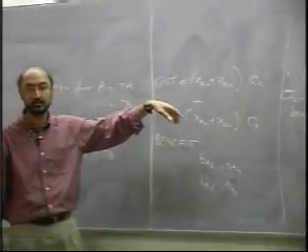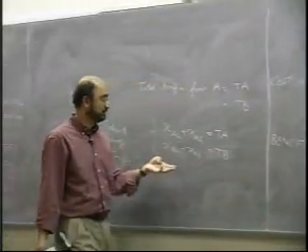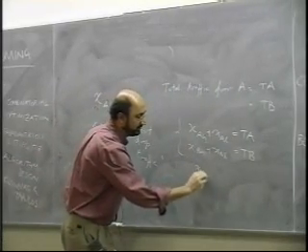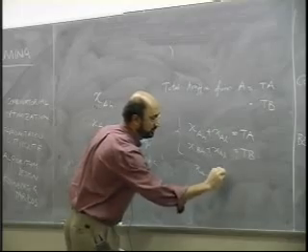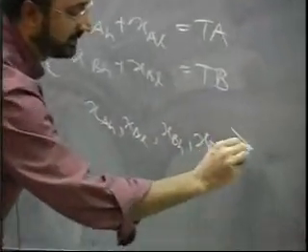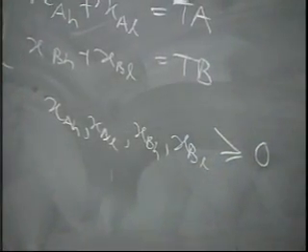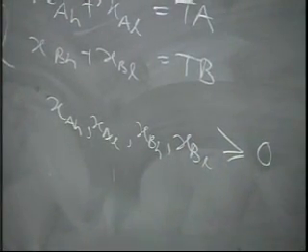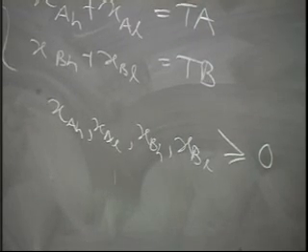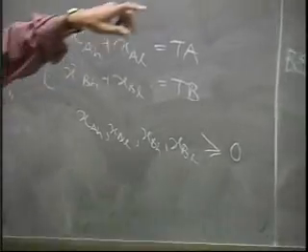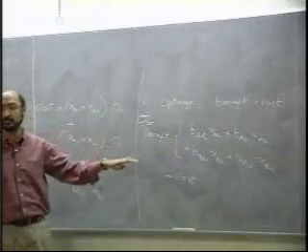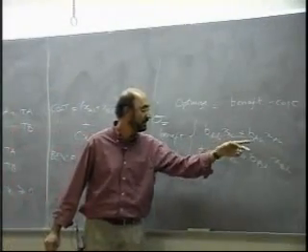That's the objective function. And the constraints are these two, plus the constraint that XAH, XAL, XBH, XBL are all greater than or equal to 0. We can't send negative traffic. So that is how we model the system. We've got a linear objective function expressed in terms of the 4 variables, XAL, XAH, XBL, XBH.